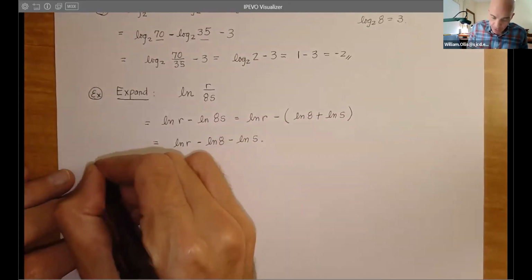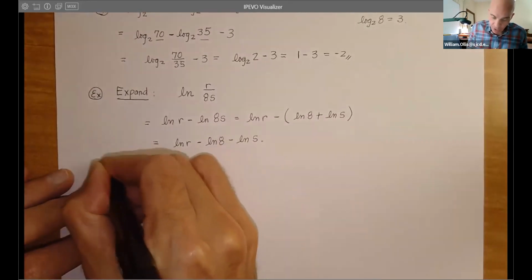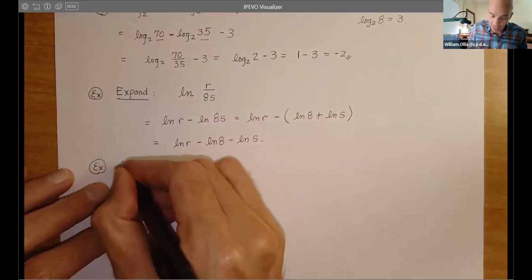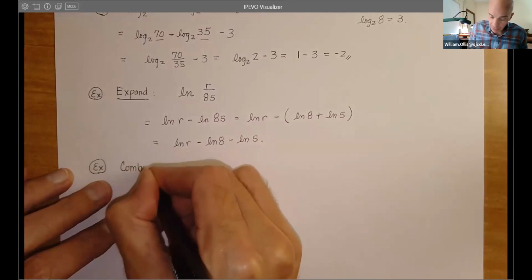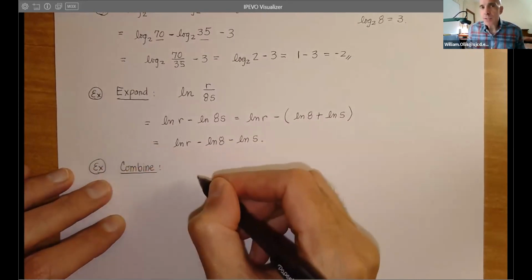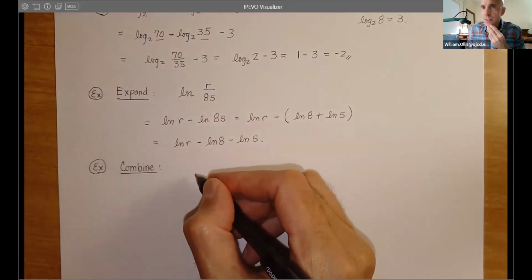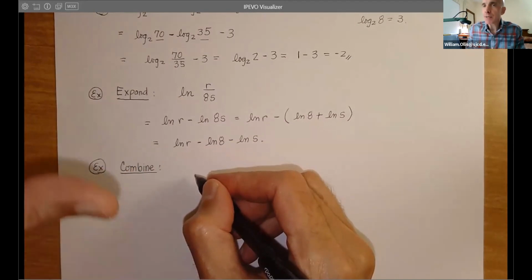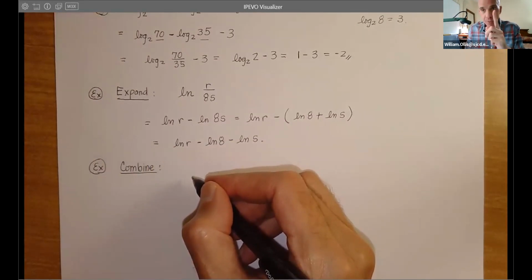Now, maybe another example that's actually useful to what we're going to be doing is called the combine example. So say, for instance, we're solving an equation and we have several log terms. We need to combine them so we can use the definition of logarithm. Remember, the definition of logarithm requires that we only have one logarithmic term.